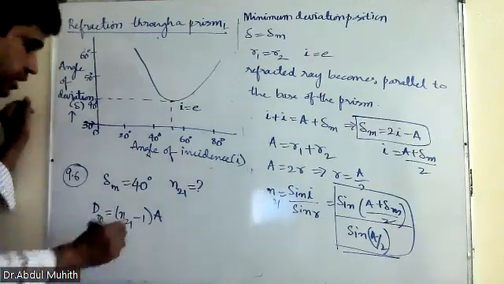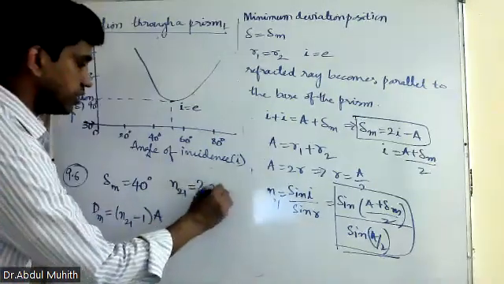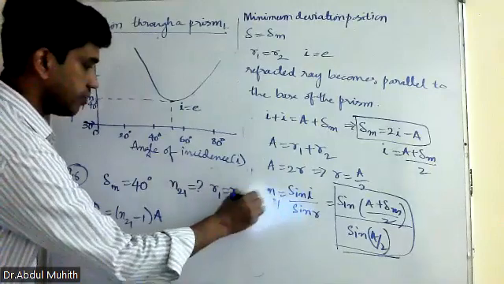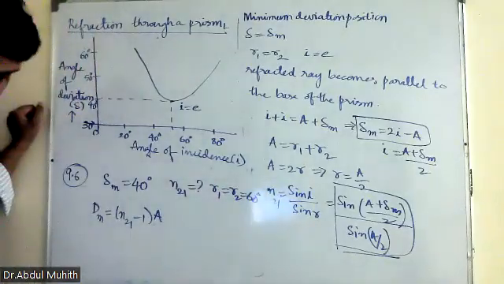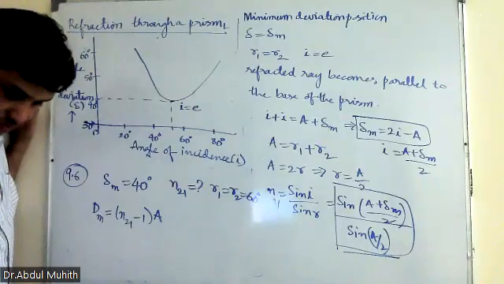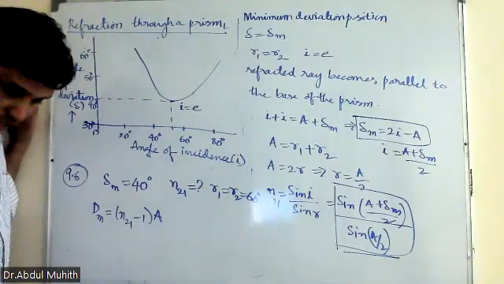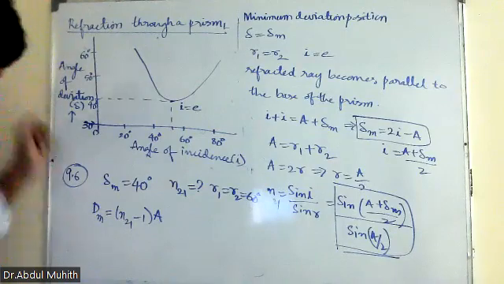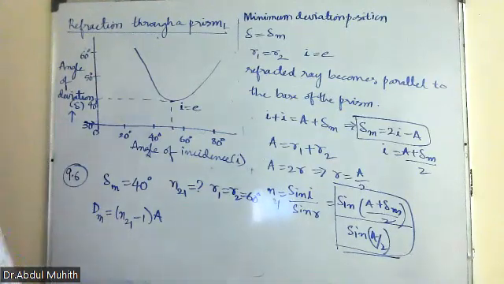So what will happen in this case? The refracting angles r1 is equal to r2 is equal to 60 degrees, right? The refracting angle of the prism is 60 degrees.